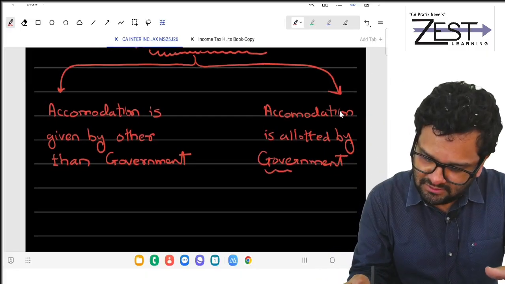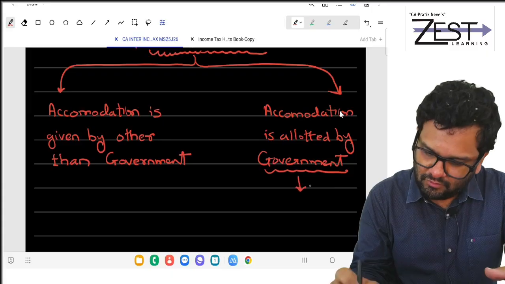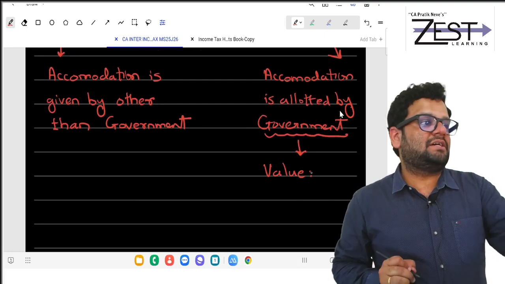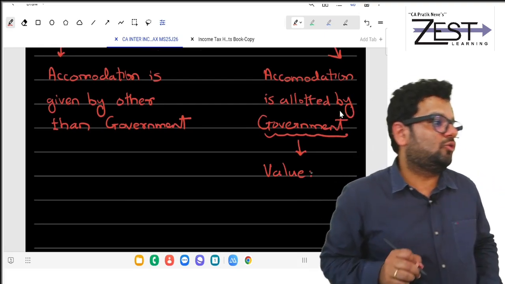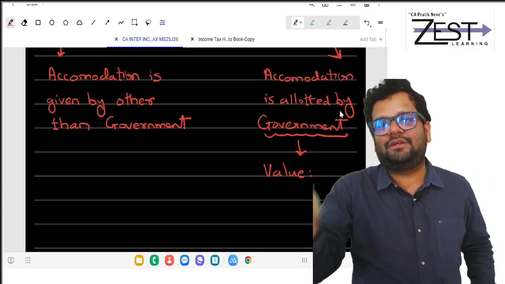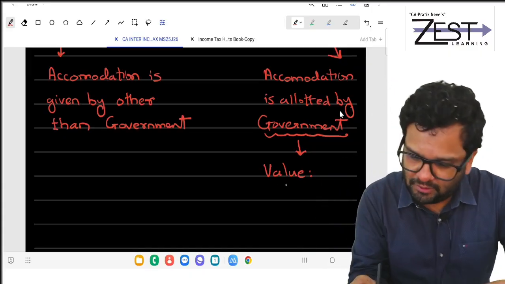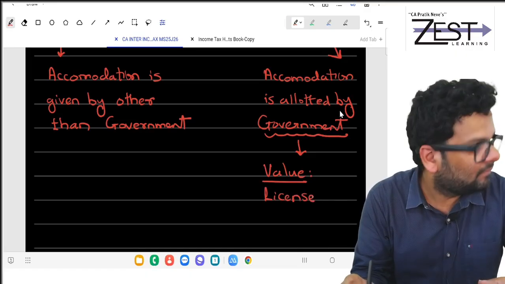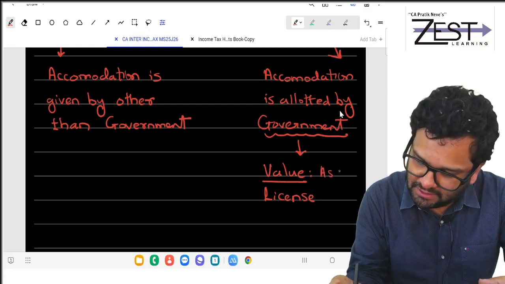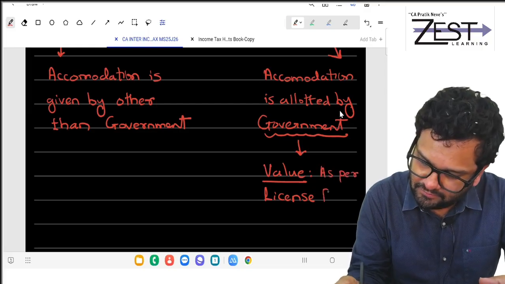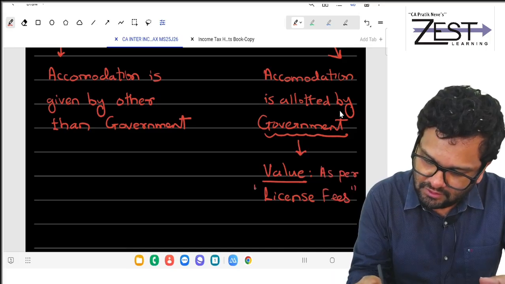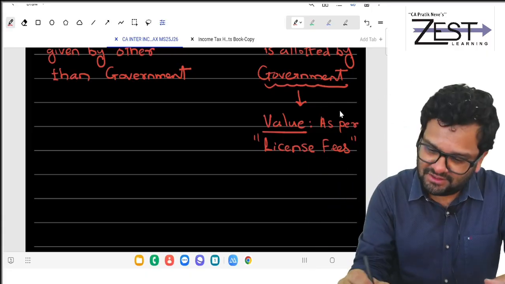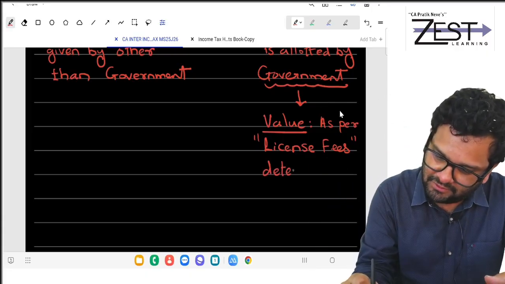So here, the value will be equal to, you don't have to do anything. They will never ask you this in the exam because you don't have to do anything. This value is ready-made given. So this value will be as per license fees, which is fixed, determined by government.